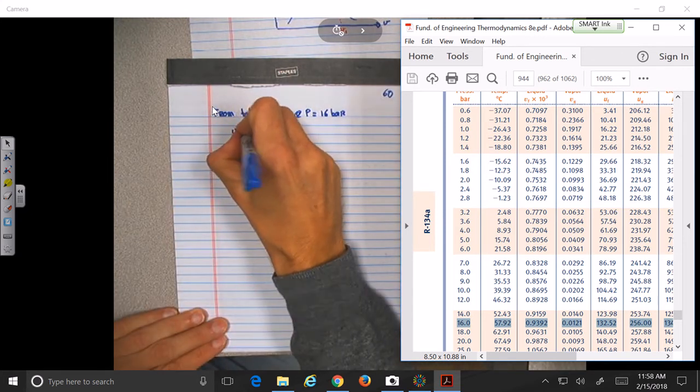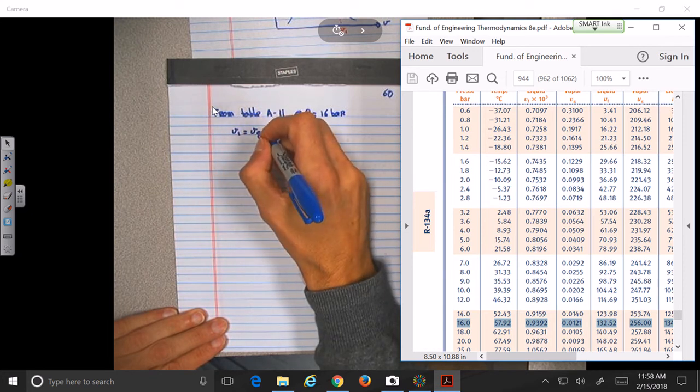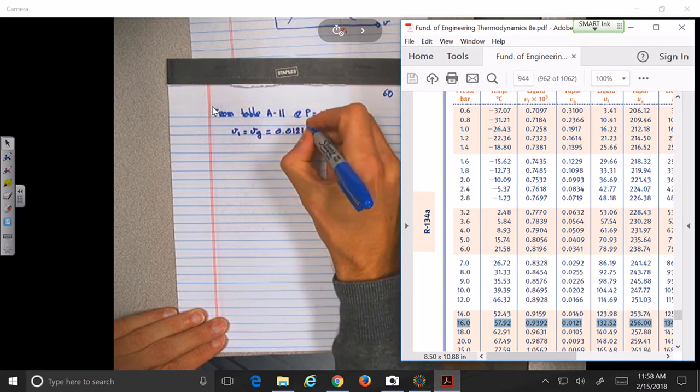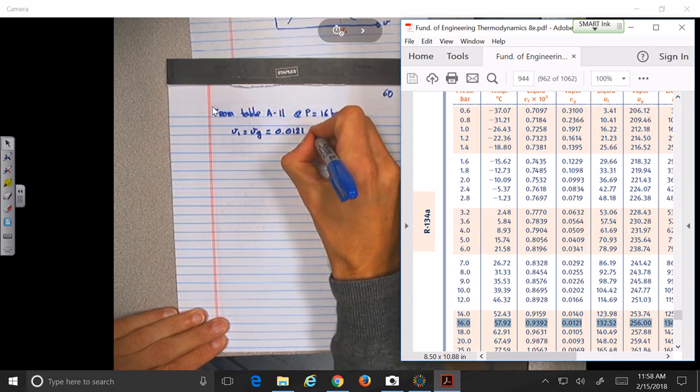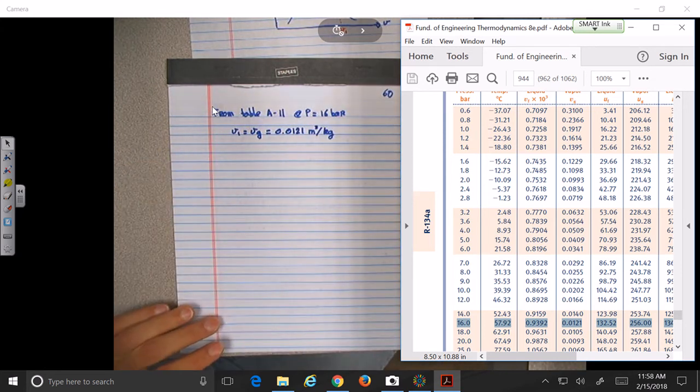V1 will be equal to Vg, which is equal to 0.0121 cubic meters per kilogram.